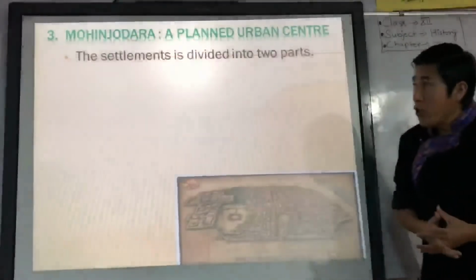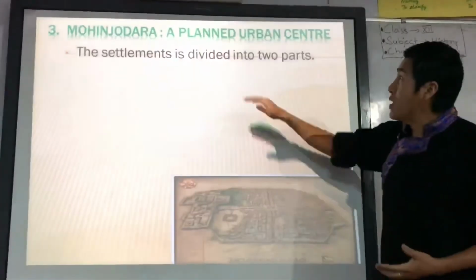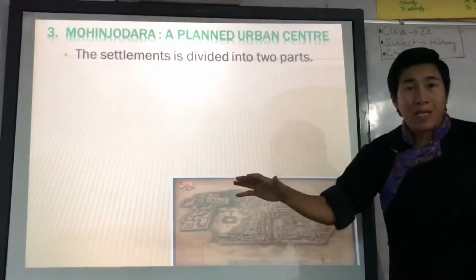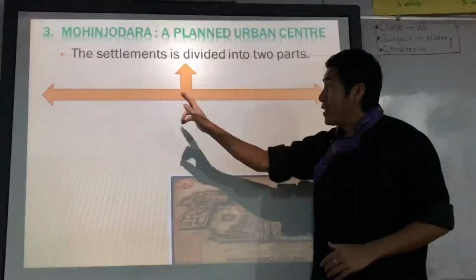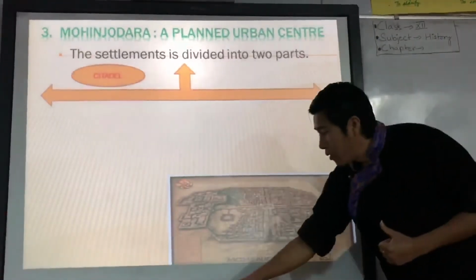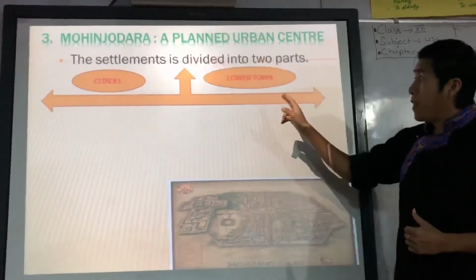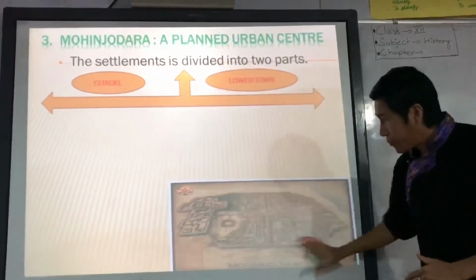Now see, archaeologists mention that the settlement of Mohenjo-daro was divided into two parts. One is the citadel and another one is the lower town. These are the two different settlements, this area.